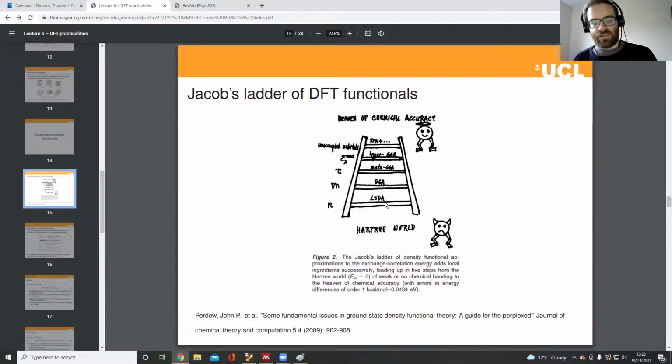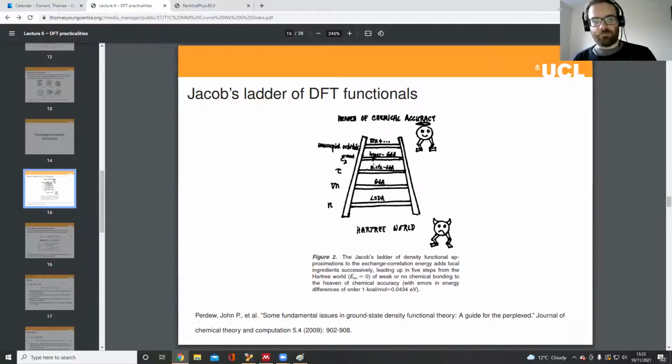But yes, this lowest rung is the local density approximation rung. The only information that's used at each point is the local electron density, so the LDA is very cheap. Then we have generalized gradient approximations as the next rung up, where we also look at the derivative of the electron density, the local gradient.